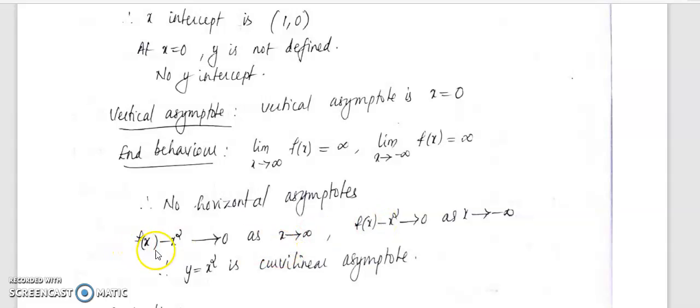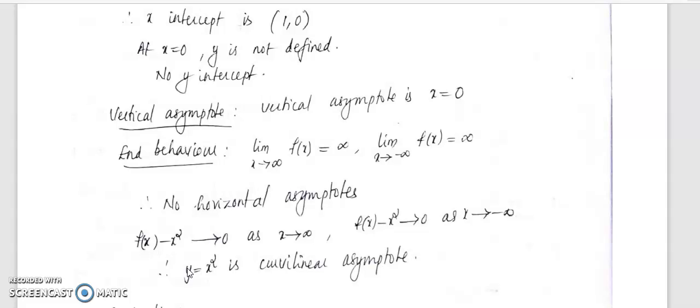So this means the function f of x becomes closer to the function x square as x approaches infinity or minus infinity. That is, our function approaches the curve y equal to x square as x tends to infinity and as x tends to minus infinity. That curve y equal to x square is no longer linear, it is not a line.